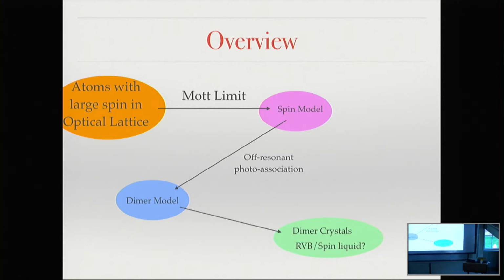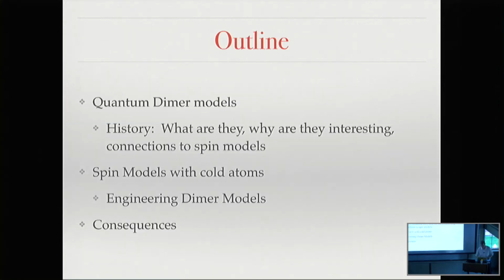We're all very used to getting an effective spin model out of these. I'm going to talk about how to introduce an off-resonant photoassociation beam, which is going to convert this spin model into a dimer model, and then look at its phases, and we'll get some interesting dimer crystal phases and possibly some spin liquid stuff. So that's what's coming, and there are lots of details.